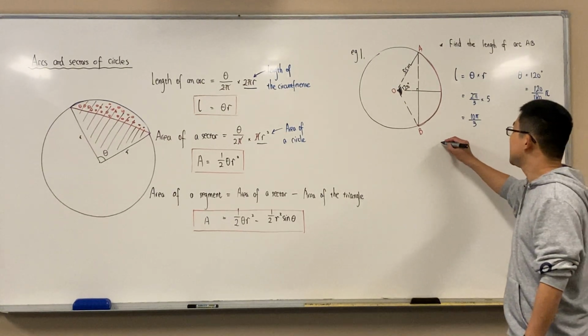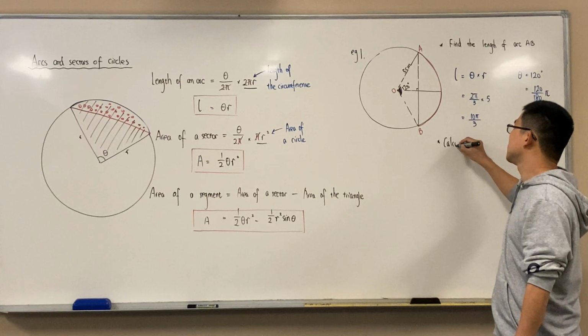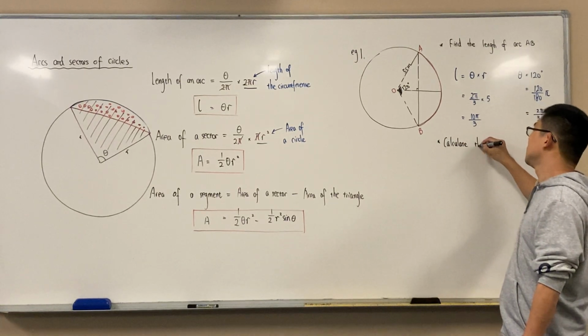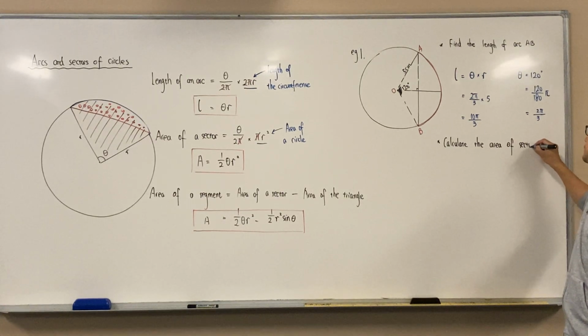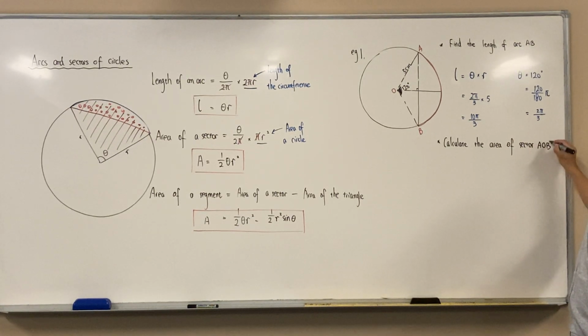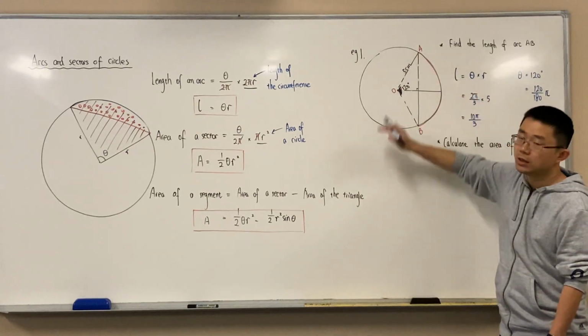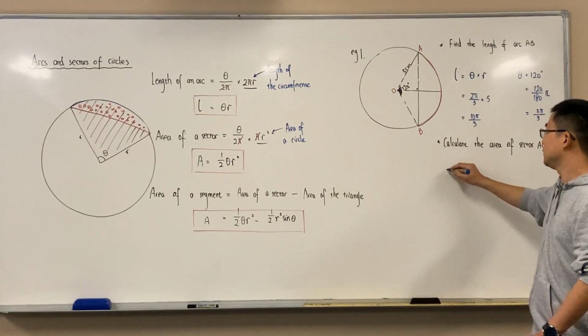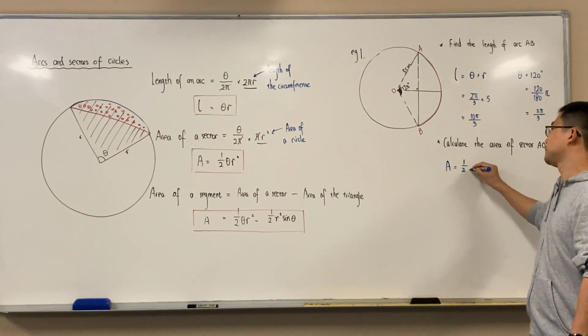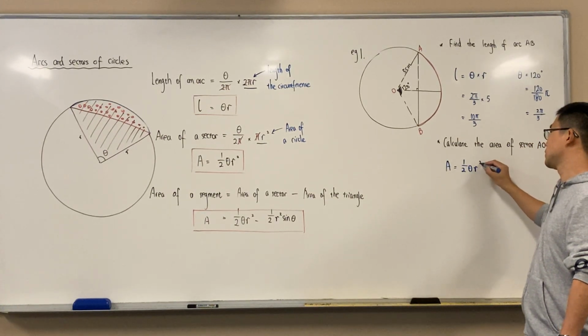Okay, so the next question here is to calculate the area of sector AOB. So how do we calculate the area of a sector AOB? Well, same thing, use that formula here. Area is equal to half theta r squared.